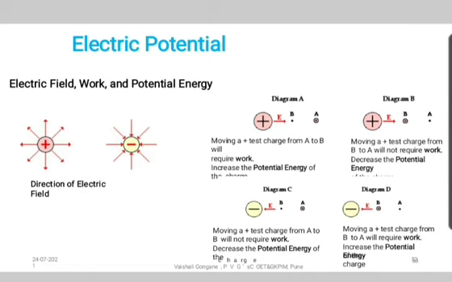Its motion is in the direction of the field if the charge is positive. And in order to maintain the charge in equilibrium, it is necessary to apply a force in the opposite direction with equal magnitude. So work done is force into distance, and we can write work done as dW equal to F bar dot dl bar, or F dl cos theta.